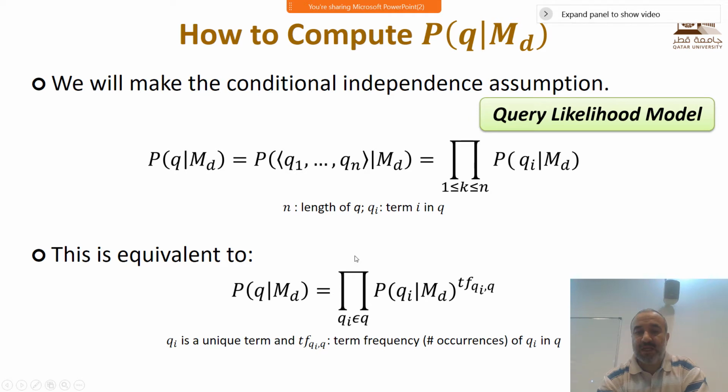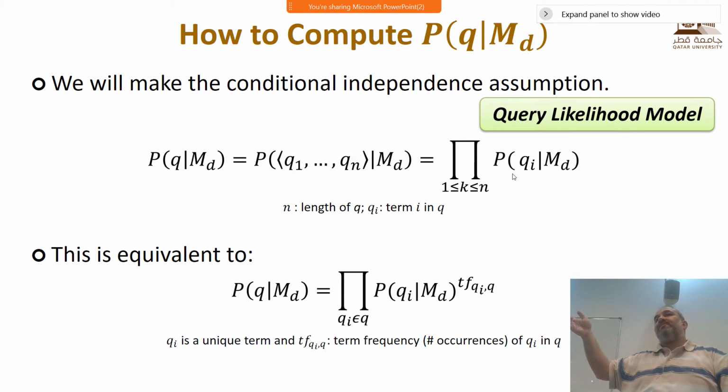Thinking about the query as a whole, every query term might appear once or more, right? So just looking at this, if a term is repeated, then it will be multiplied more than once. Actually, it will be multiplied TF(Qi, Q) times.